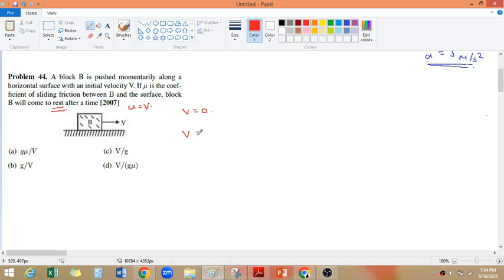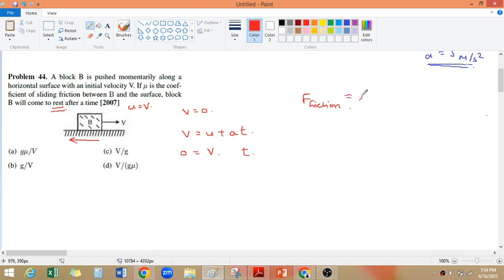So final velocity is 0. Initial velocity is given as v. Acceleration is what I do not know. Time is what is asked. So since mu is the coefficient of sliding friction, friction was acting this way, which means it is opposing the motion.